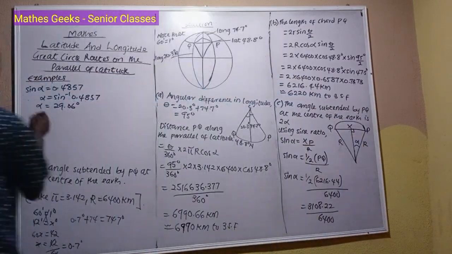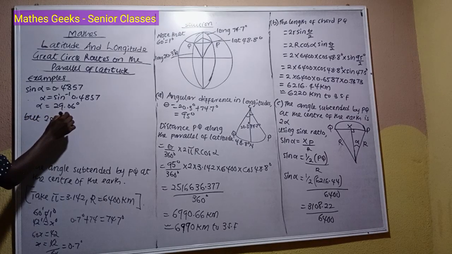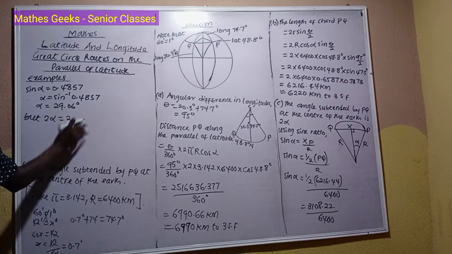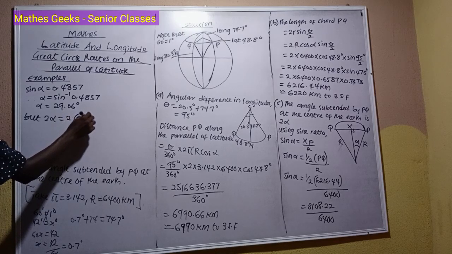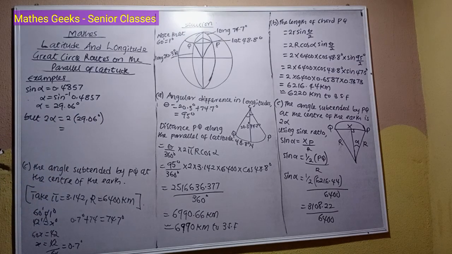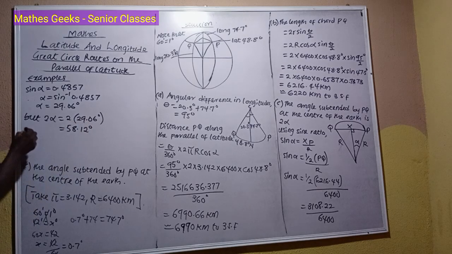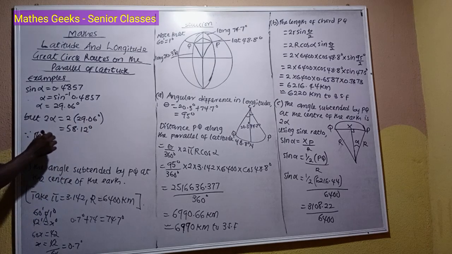So 2 alpha is equal to 2 times 29.06 degrees, 58.12 degrees.